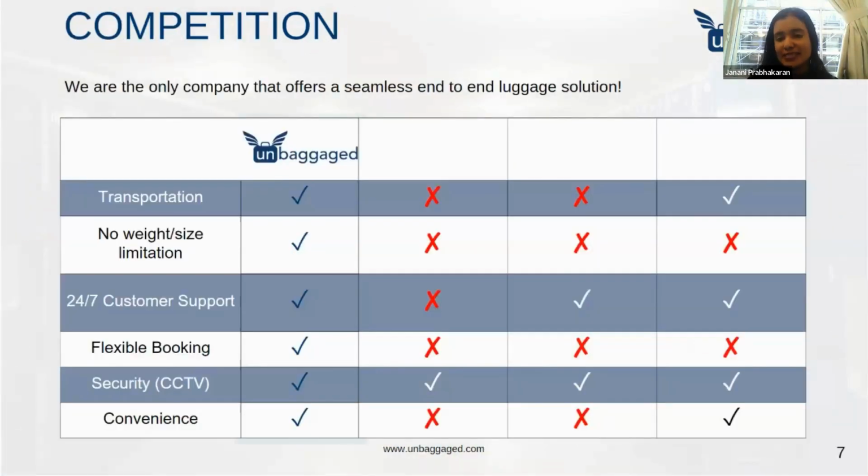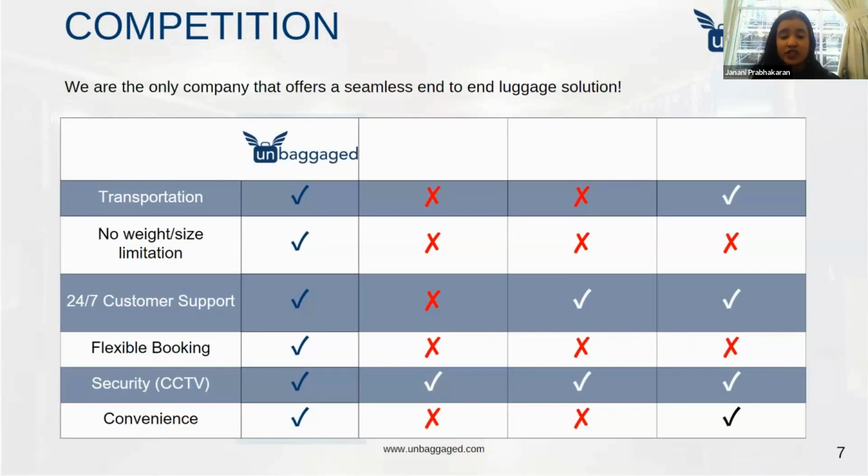Next slide, please. So our competition lies in two spheres. One is the regular luggage storage networks that you'll find in airports and bus stations and train stations. There's a weight size limitation. They do not provide transportation and also don't operate 24/7. And on the other hand, you have the informal luggage storage networks who use convenience stores to store bags.